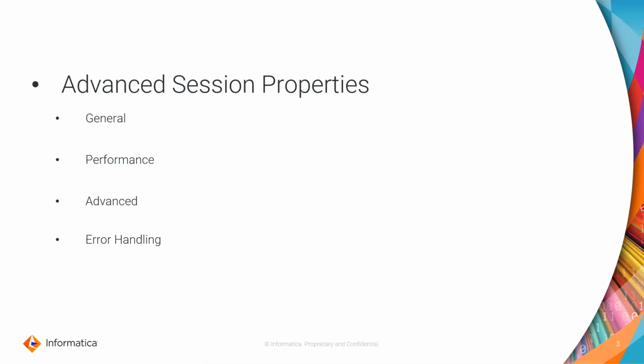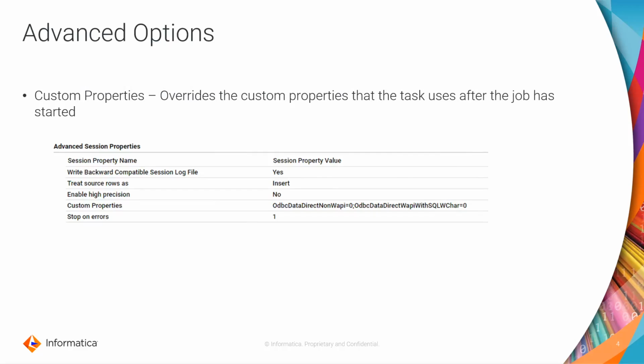All right, so I wanted to elaborate a little bit more on the custom properties. Basically, this is where you set the task to override the custom properties that the task uses after the job has started.